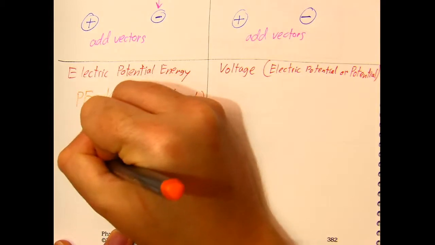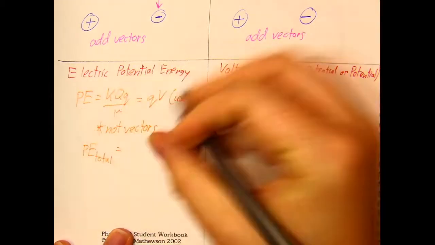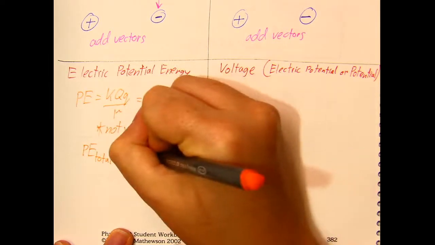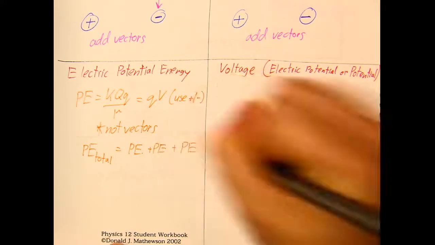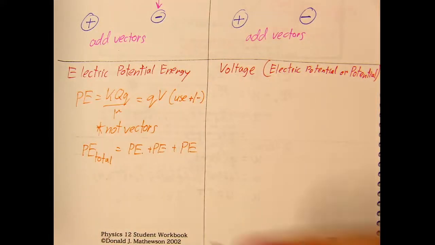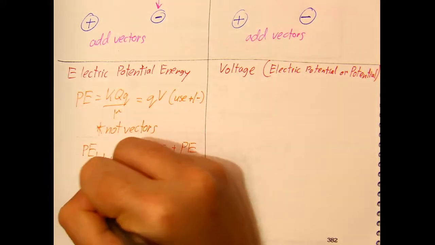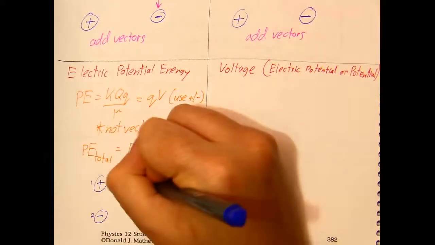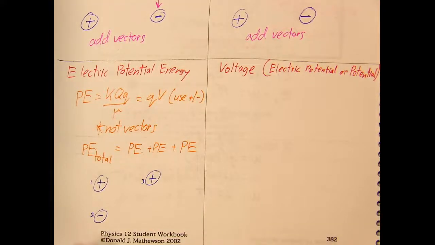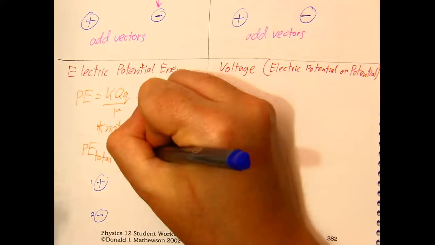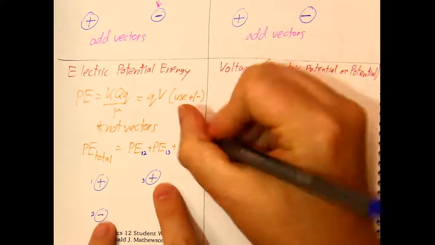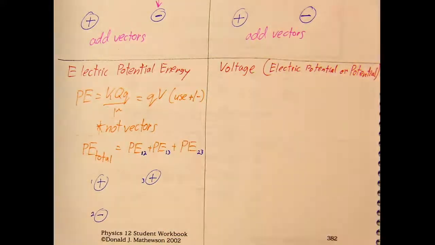And the PE total is equal to just the sum of the potential energies, PE plus PE plus PE. And I'll draw a picture in here. Let's say I had this setup. I call that guy 1, 2, and 3. Then to find the total potential energy of this system, we would just take the potential energy between 1 and 2, the potential energy between 1 and 3, the potential energy between 2 and 3, and we just add them all up algebraically. They're not vectors. Energy is not a vector. We can just add it.